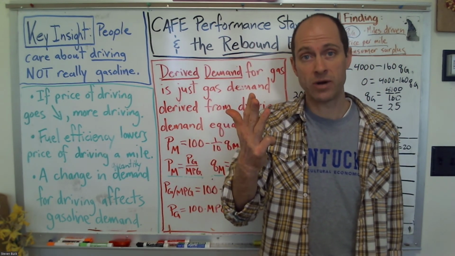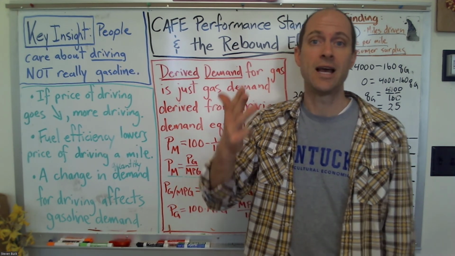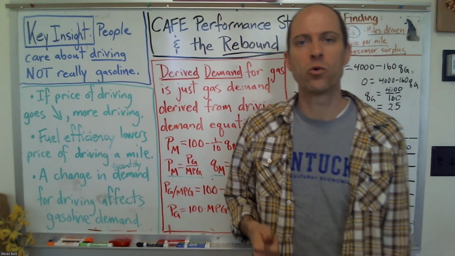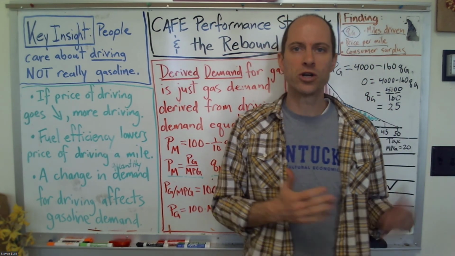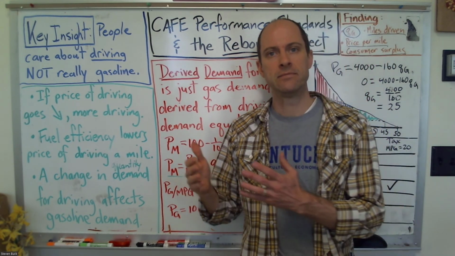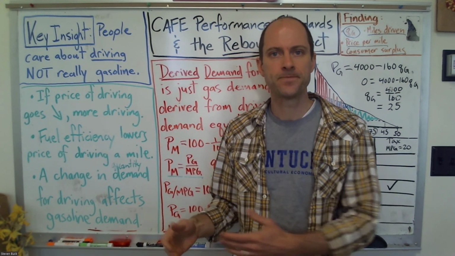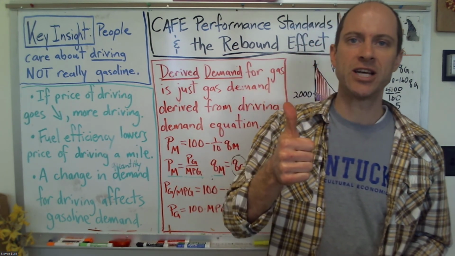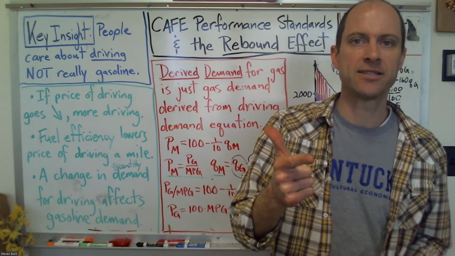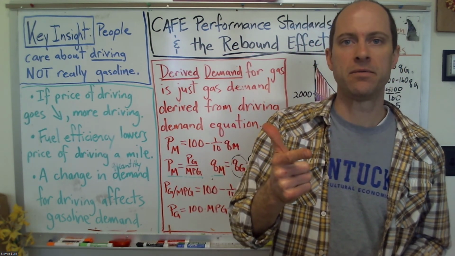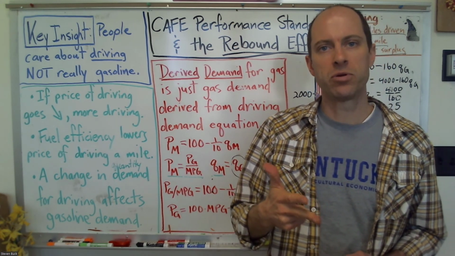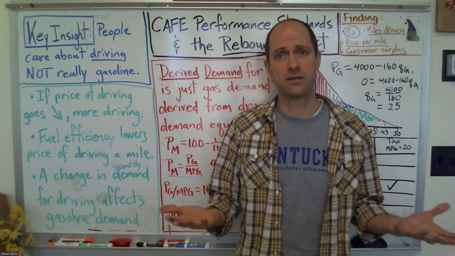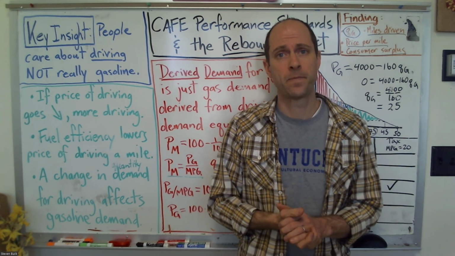We have increased traffic, the more driving there is, and we have increased risk of accidents. If we were to rank those from the worst externalities to the smallest externalities in terms of a dollar value, turns out that traffic congestion and traffic accidents are going to be at the top. Then it's going to be air pollution, energy security, and probably the smallest one is the greenhouse gas emissions.